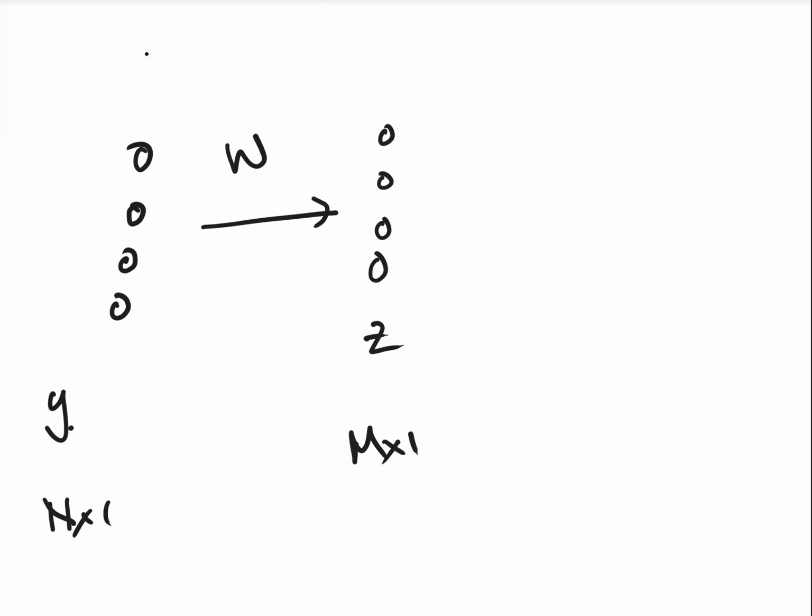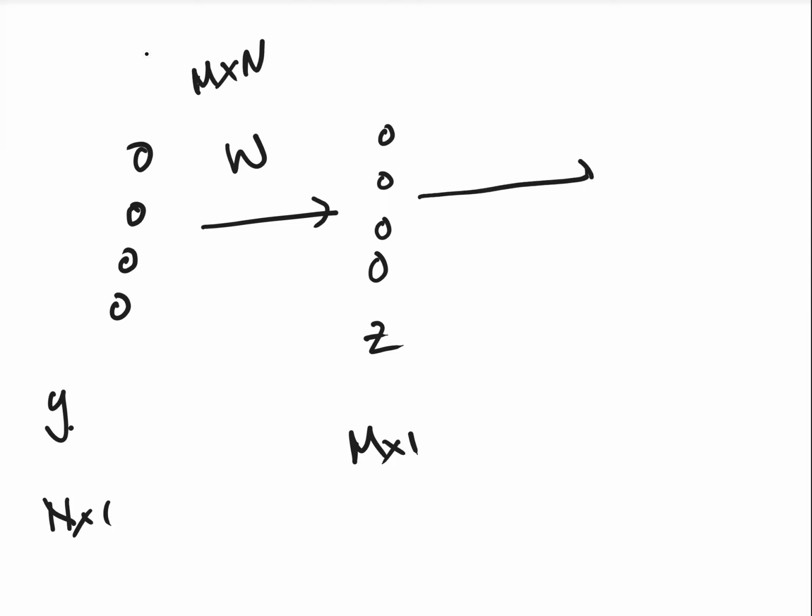Then what is the size of W going to be? This is a layer, this is the next layer. What's the size of W? M cross n, right? Because n inputs and m outputs.